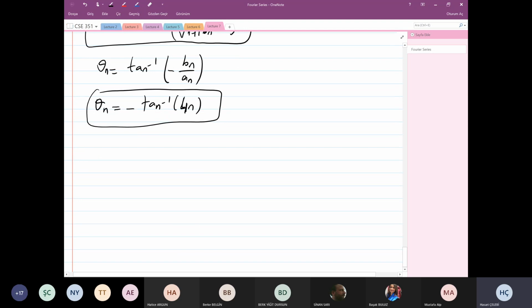Now we are ready to plug these results into the equation to obtain the compact trigonometric Fourier series.